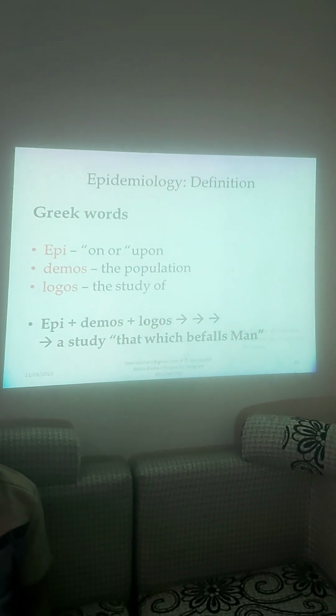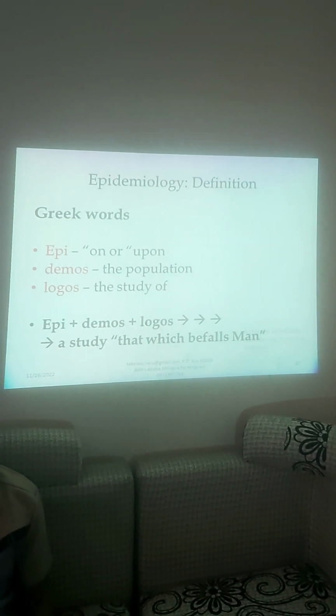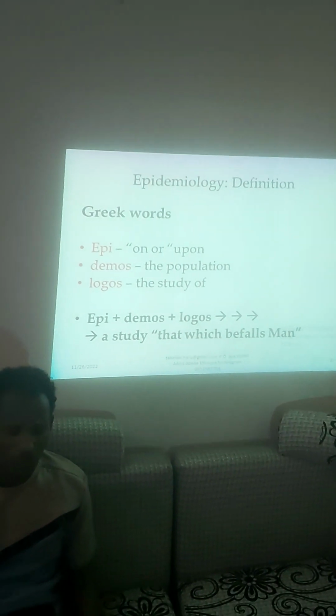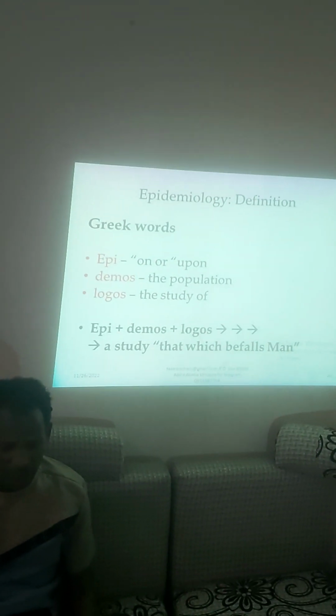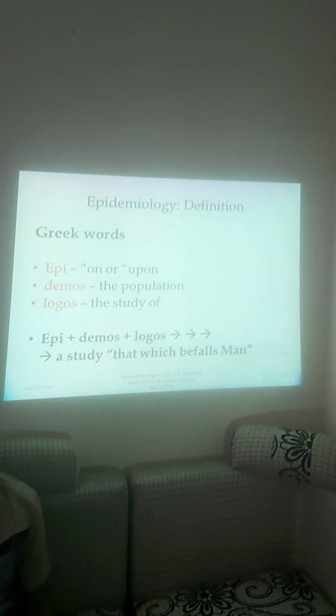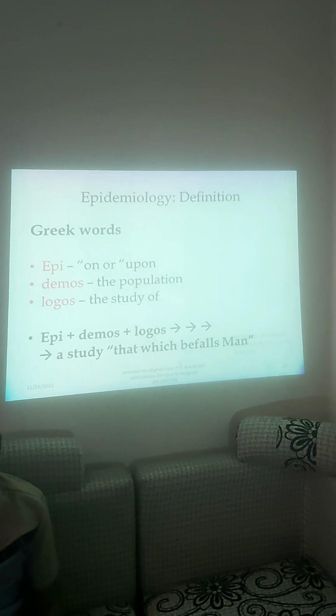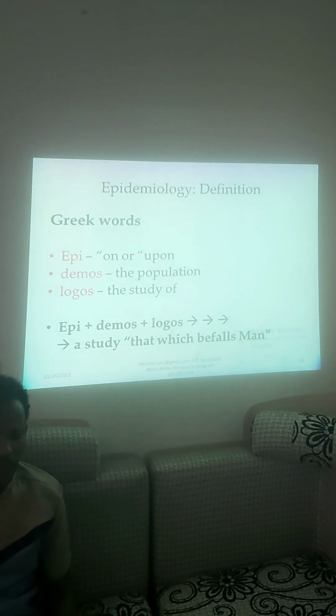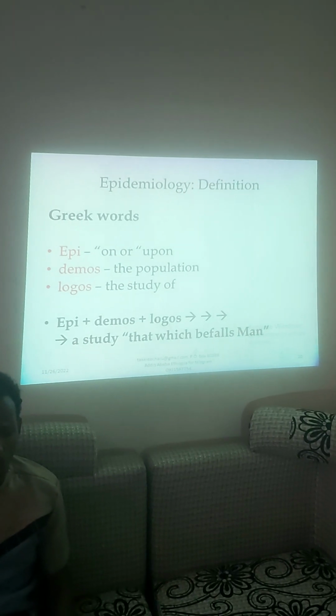But the definition is the study of anything that happens to the people. Epidemiology is a cornerstone of public health, the study of disease prevention and control of health problems, the science of solving health problems. That is all about the definition of epidemiology.